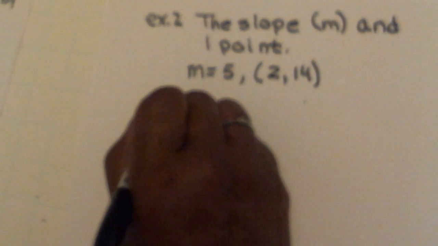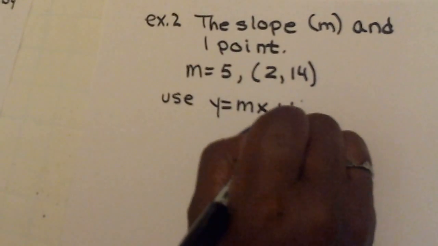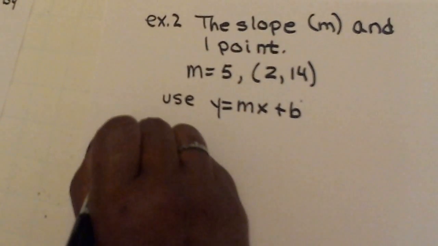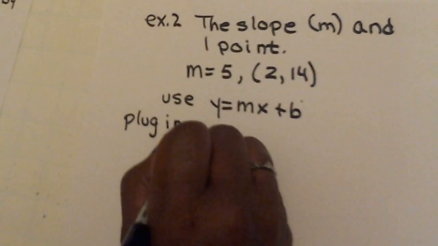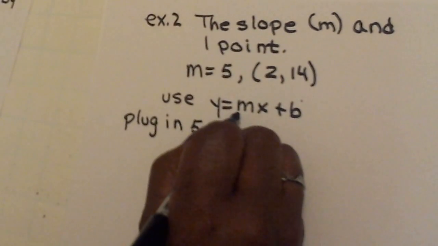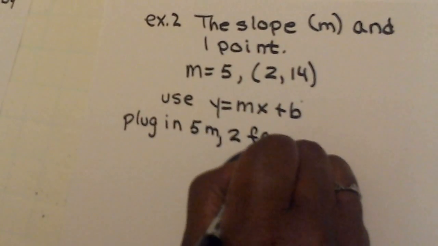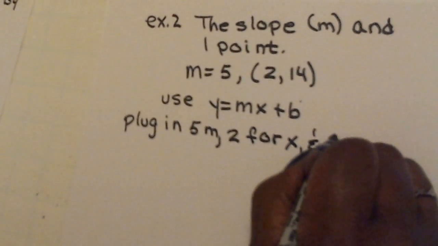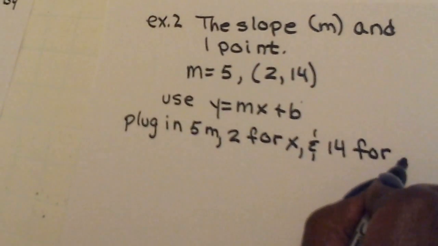Now, we need to use the form of the equation y equals mx plus b. So what I'm going to do is plug in 5 for m in the equation, 2 for x, and 14 for y.